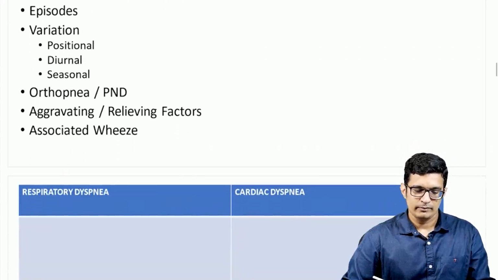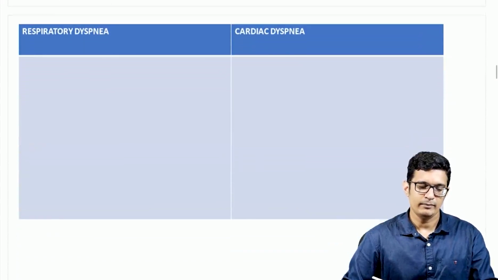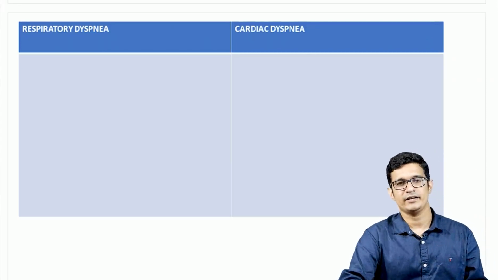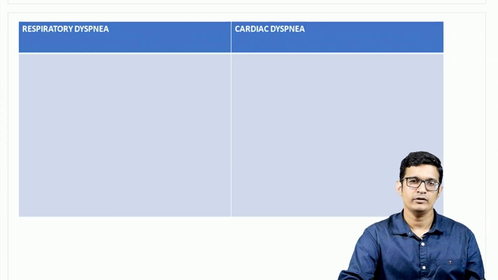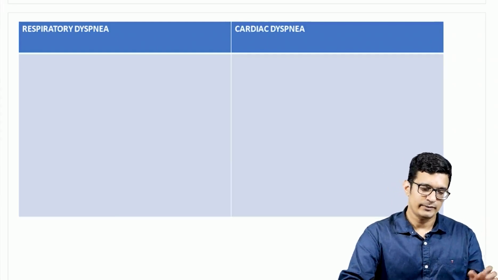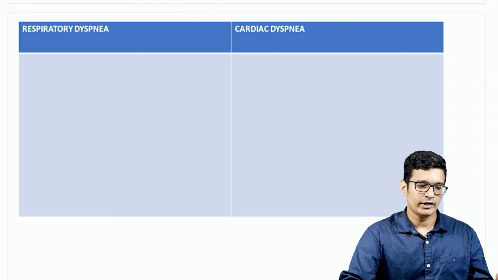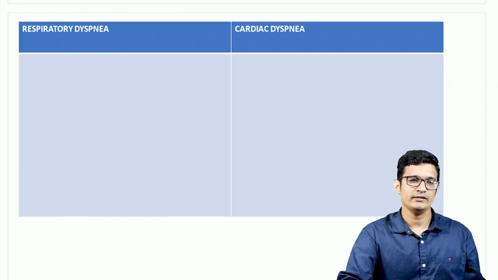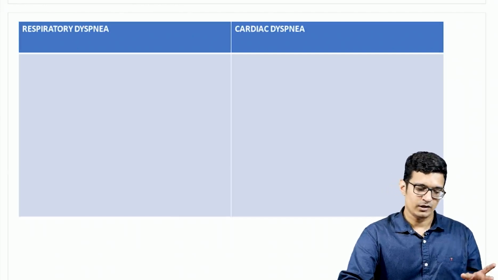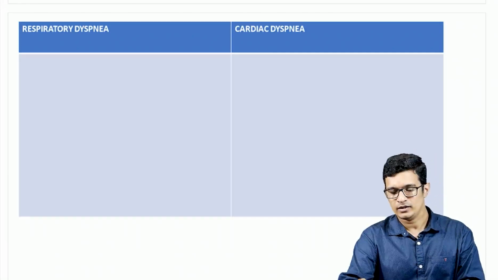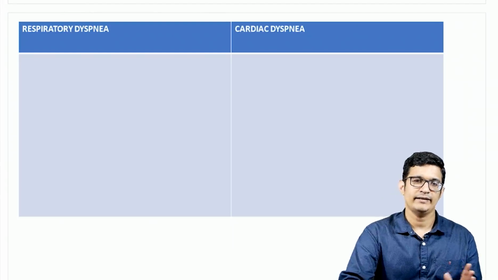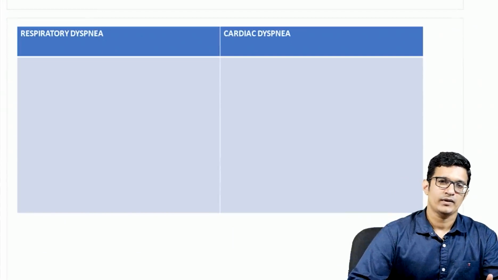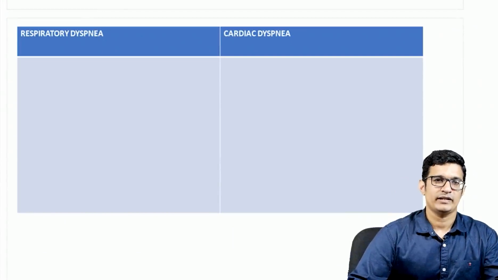Because breathlessness is a complaint pertaining to both the cardiovascular system and the respiratory system, it is very important to differentiate between breathlessness of cardiac origin and of respiratory origin. We do have other conditions which can cause breathlessness, but the predominant differentiation is between cardiac and respiratory causes. Dyspnea is all about a ventilation perfusion mismatch.